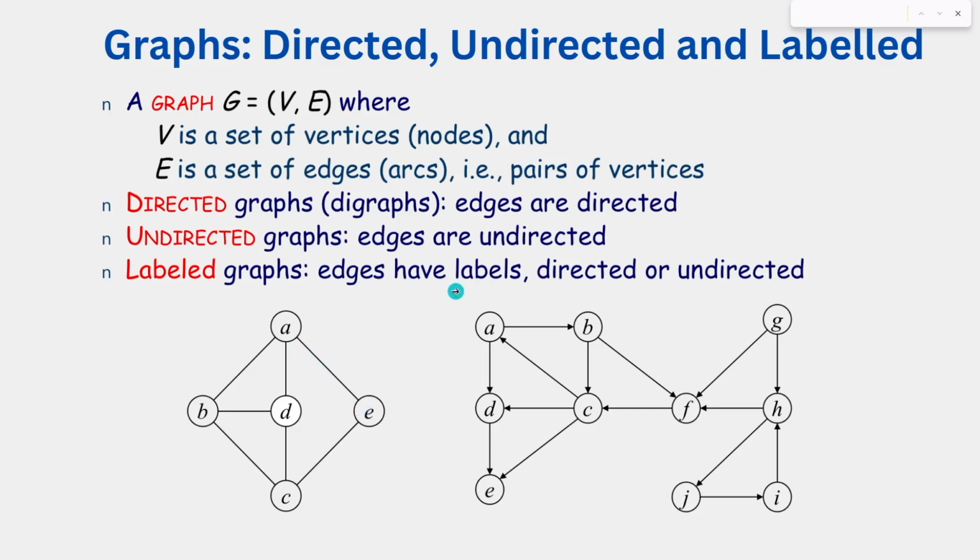In such cases, the graph will be called a labeled graph, and that labeled graph can be either directed or undirected. So, here we have a very basic example for graphs.